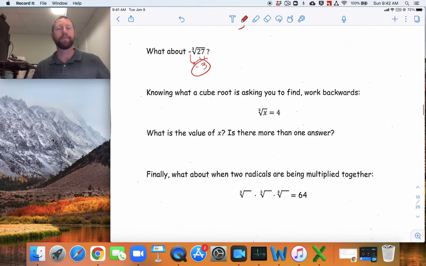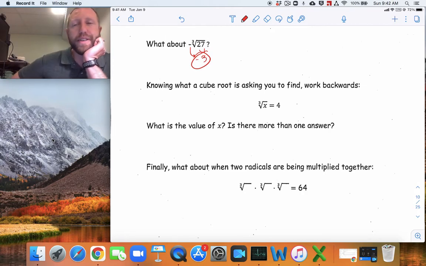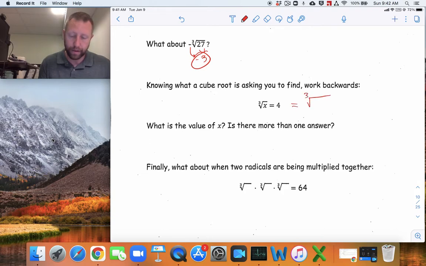So then again, it says here, knowing what a cube root is asking you to find, work backwards. So if they're saying that the cube root of some number is equal to 4, I have to work backwards. Remember, that's meaning that I've got that number being used 3 times for a multiplication underneath the cube root symbol, right?